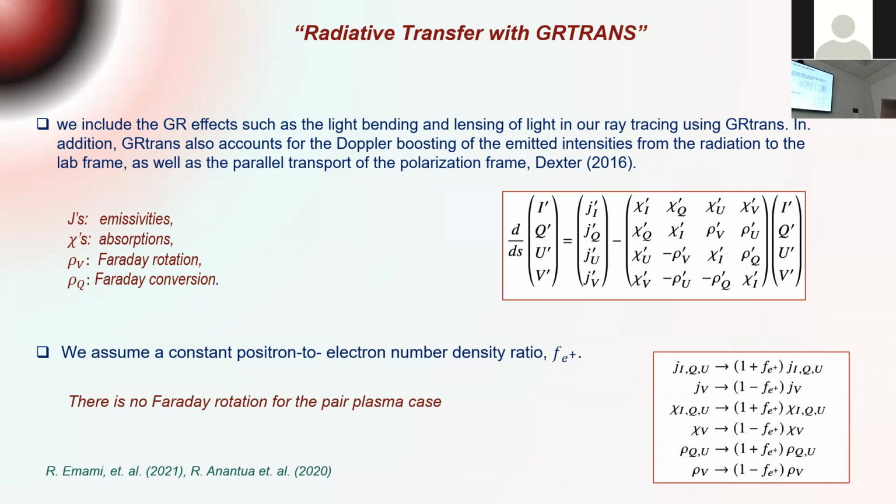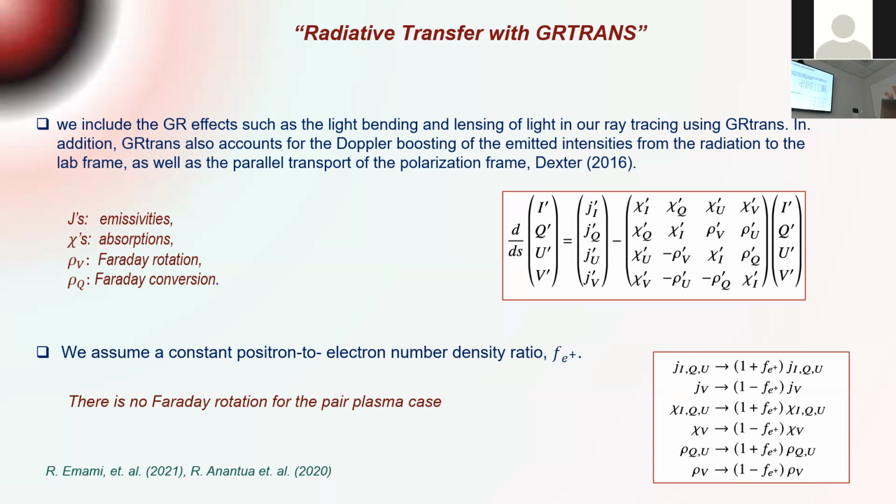So what it does is that you have a set of Stokes parameters that I earlier described to you, including the emissivity, absorption, Faraday rotation, and Faraday conversion. So these are not the Stokes parameters. I, Q, U, and V are the Stokes parameters, but these would be affected by the set of emission, absorption, Faraday rotation, and conversion.